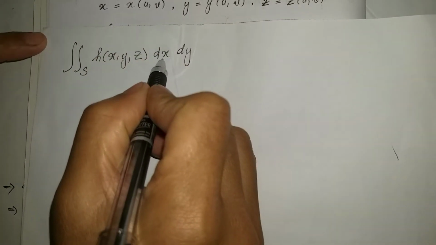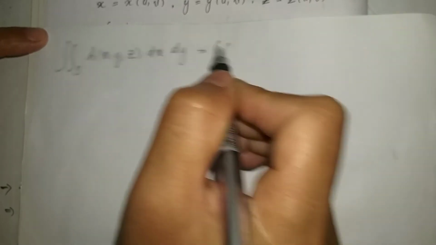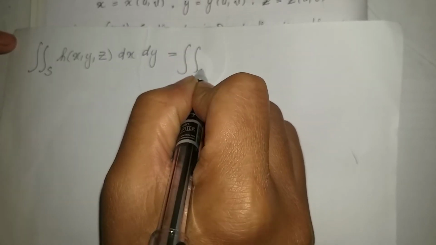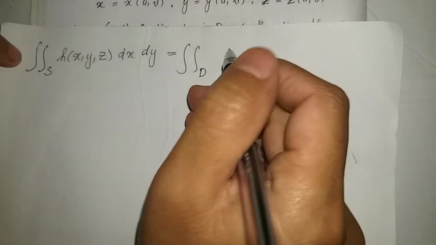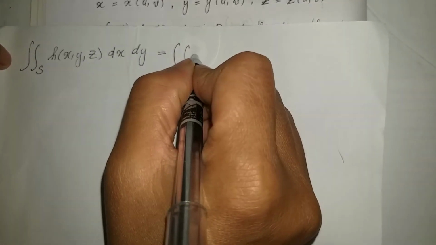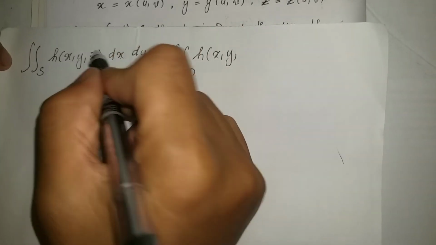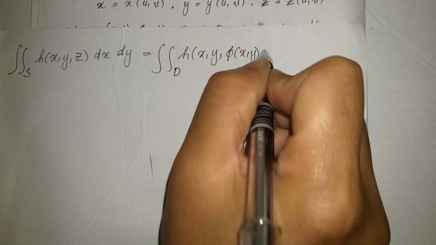If we have dx dy, then we have the domain D in the xy plane, and for z we express it in terms of x and y.